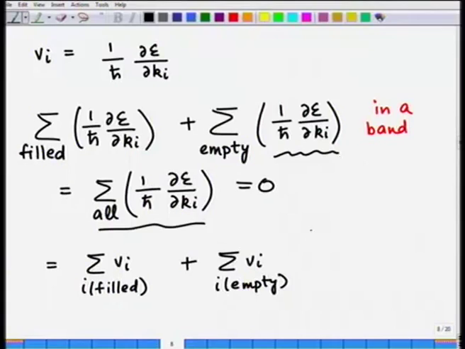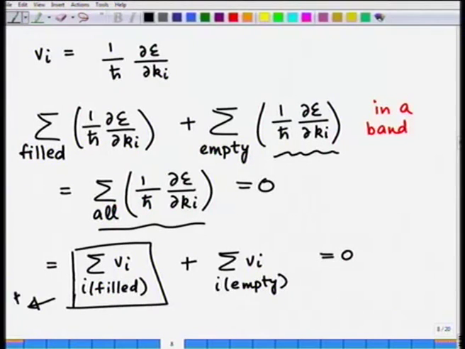About this 1 by h del E by del Ki, I define then the velocity of those hypothetical particles. Then I will say that this quantity is equal to 0. If so, I can now substitute this quantity in here, and that I will do in the next page.